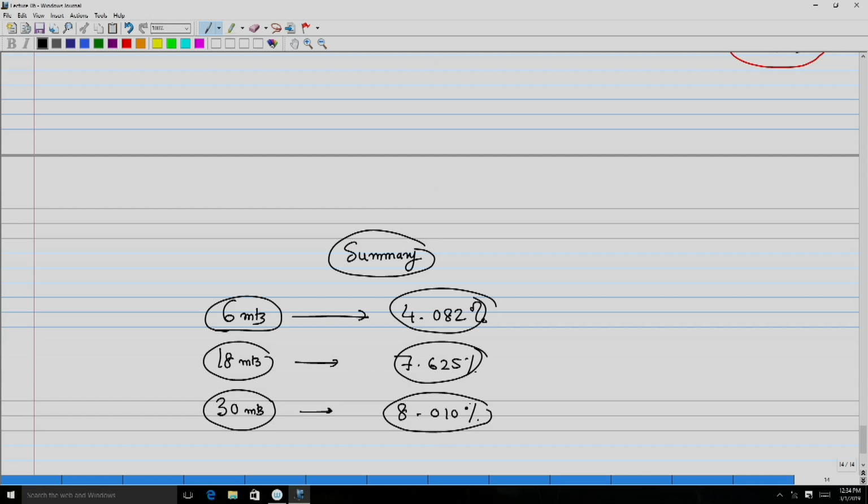If you observe carefully, as the maturity of the bond increases from 6 months to 18 months, the corresponding annual rate goes up from 4.082% to 7.625%, and further as I go from 18 months to 30 months, the corresponding interest rate goes up from 7.625% to 8.010%. Remember that these are annualized interest rates.